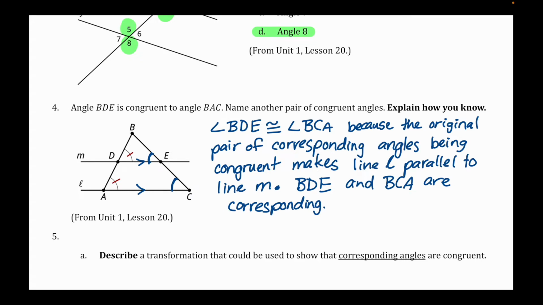So we're saying the original corresponding angles makes the lines parallel, and then now because those are parallel, this new set of corresponding angles have to be congruent. Okay, let's go on to question 5.